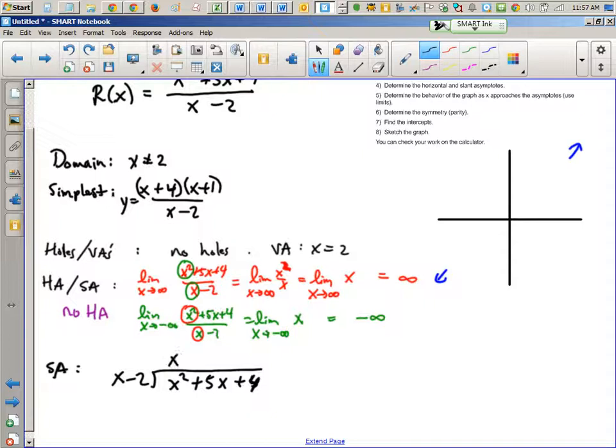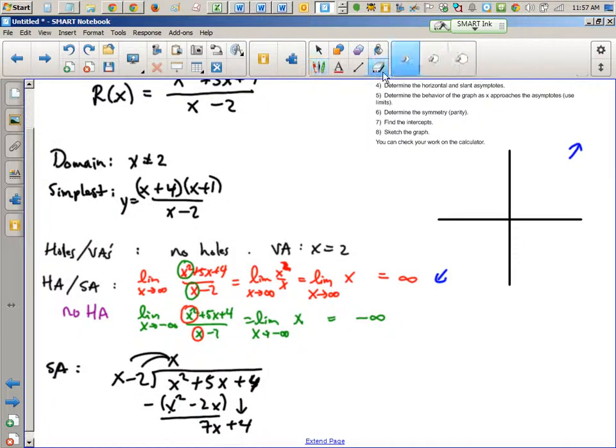How many times does x go into x squared? x times. Distribute this: x squared minus 2x. Subtract: 7x. Bring down the plus 4 for good measure, even though I probably will never use it. How many times does x go into 7x? That would be 7 times.